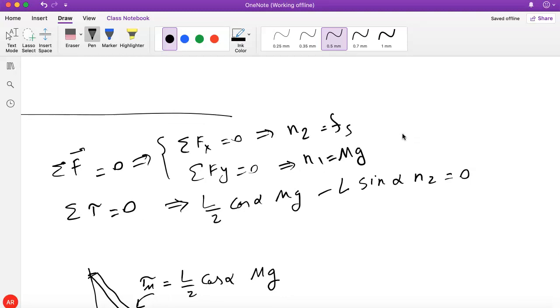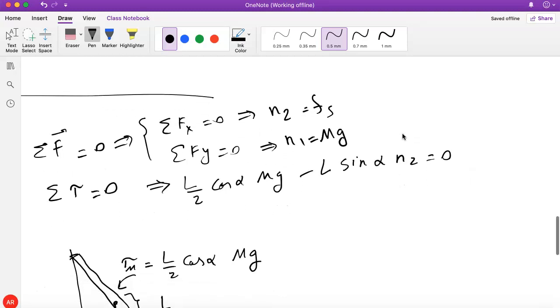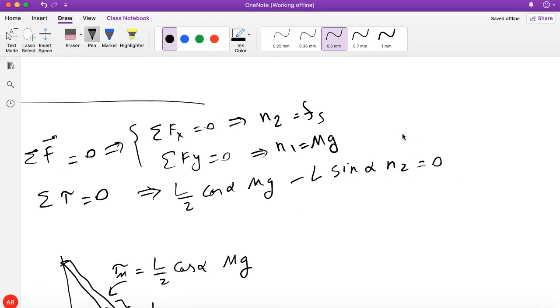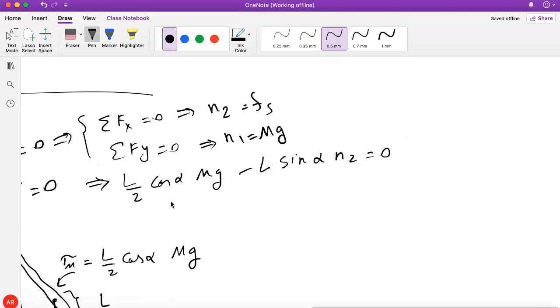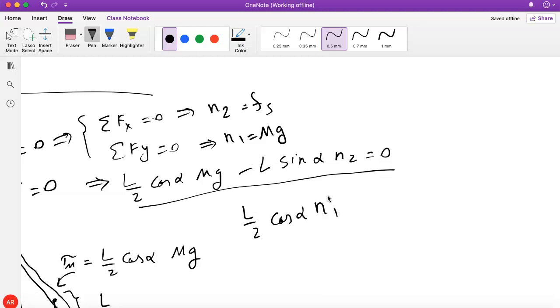So what I care about is Fs and N1. And you can immediately see that because the force equations are very simple, we can immediately eliminate mg and N2, right? So let's write this equation here as L over 2 cosine alpha, mg is equal to N1, I just plug it in, is equal to L sine alpha, N2 is equal to Fs.